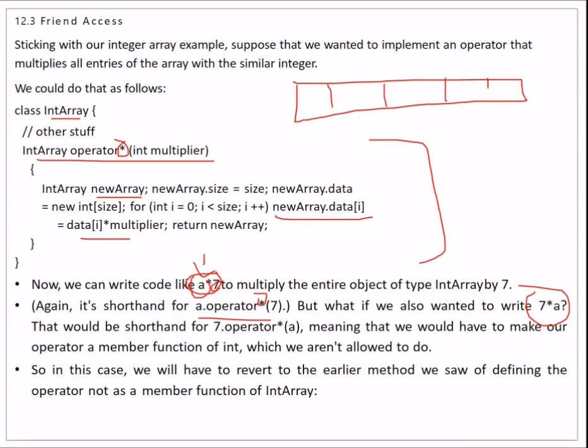Now you also give me a multiplication of 7 into array. To do this, we would have to make our operator a member function of integer, which right now is not allowed. We cannot do this.